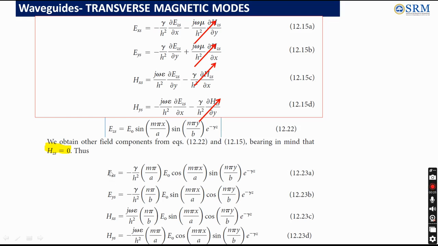So I will explain the first component Ex: the constant will remain the same, and the differentiation of the sine term gives a cosine function, and we multiply by the constant m pi by a, and the next term will be there as it is. In a similar manner, we have to find the other components Ey, Hx and Hy.